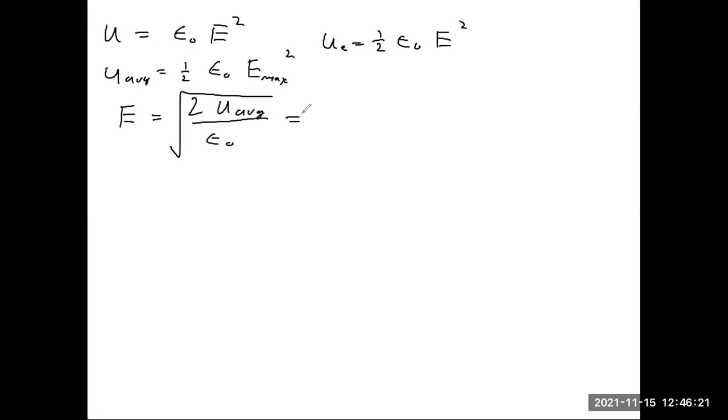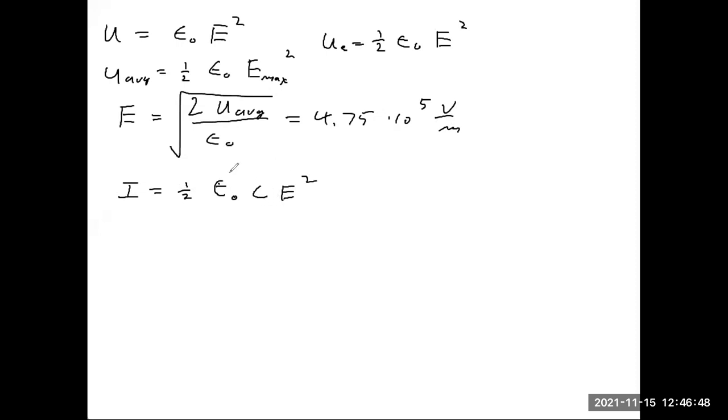And this gives 4.75 times 10 to the fifth volts per meter. And our intensity, 1/2 epsilon naught times the speed of light times E squared.